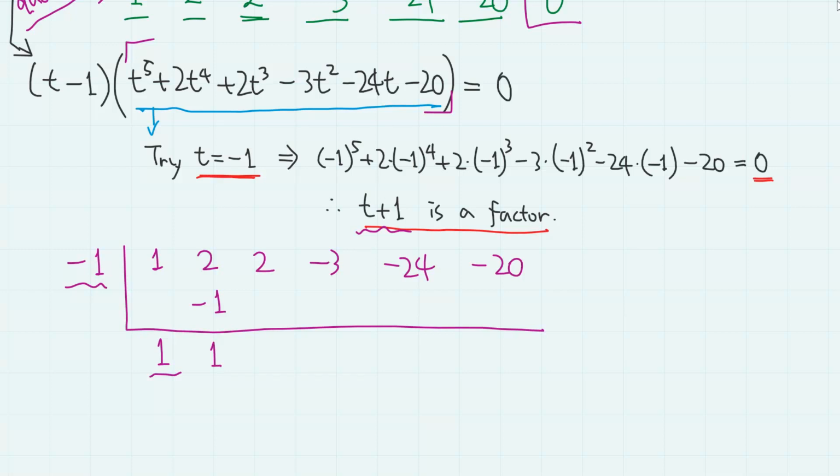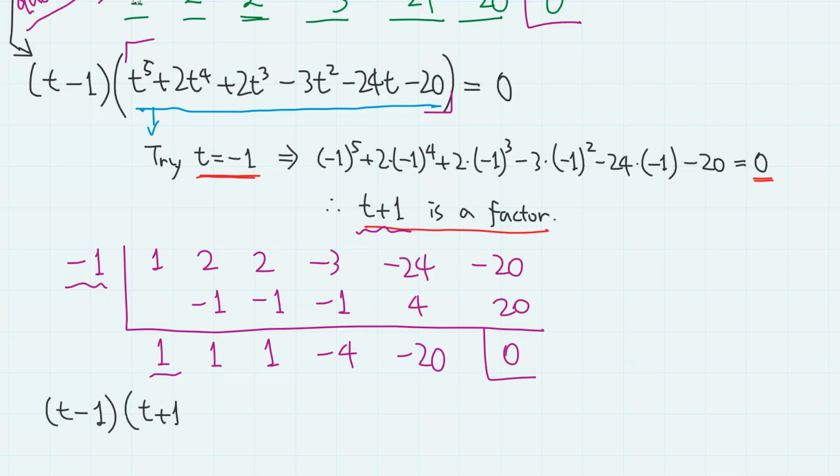So 1, then minus 1, 1, minus 1, minus 4, and minus 1 times minus 4, so 4, minus 20, 20, 0. So we have t plus 1 times t to the power of 4 plus t cubed plus t squared minus 4t minus 20 equals 0.